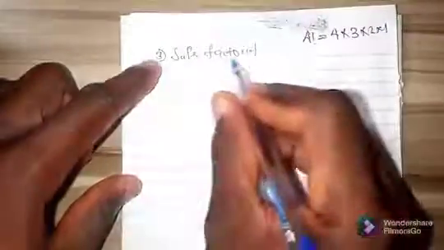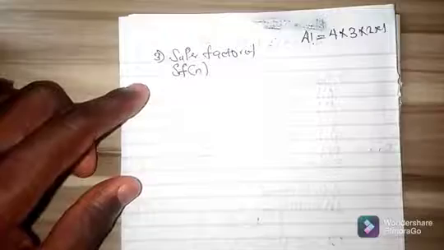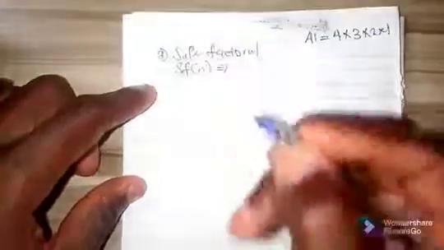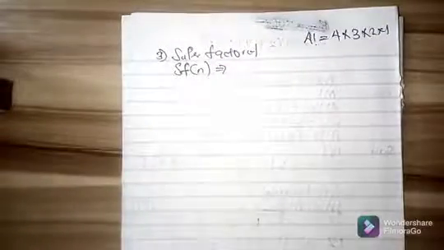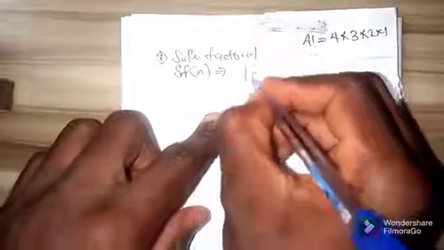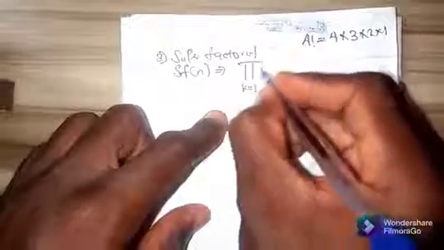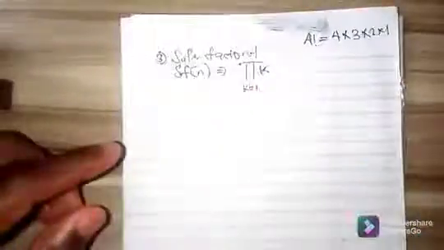Now, the symbol for super factorial is SF of n. We are going to use pi notation because we are dealing with multiplication. Pi of k equal to 1, k factorial.